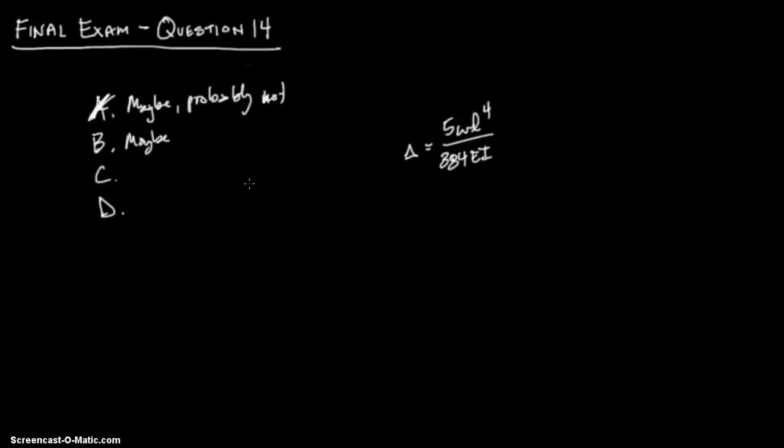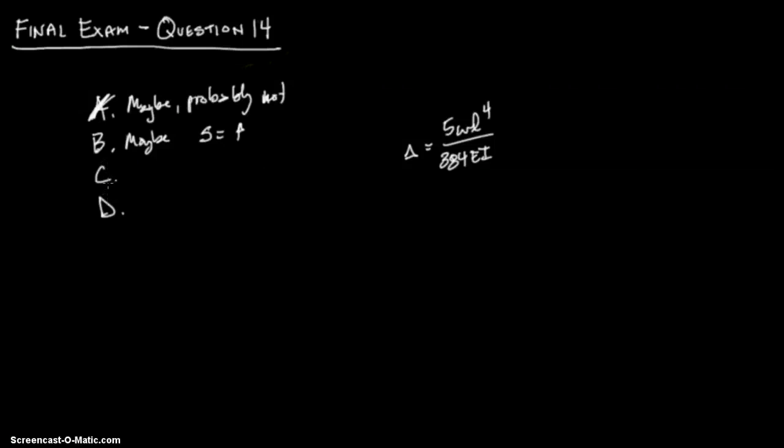So in theory, if you have a higher S, you should have a higher I. That's not the exact answer, but you could justify B, so that's a maybe. It's definitely more correct than A would be, but probably not the right answer.